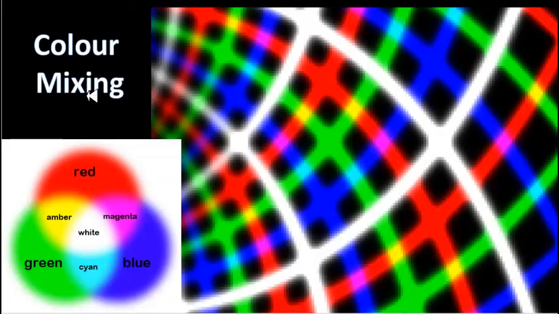This is quite simply color mixing, not unlike color mixing that a painter would do, but the color mixing for paints is different than the color mixing for light. This is RGB, red, green, blue. When you combine red, green, and blue, you get white.